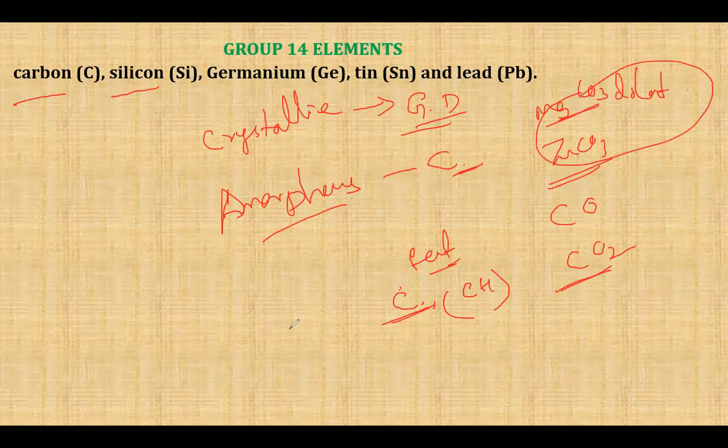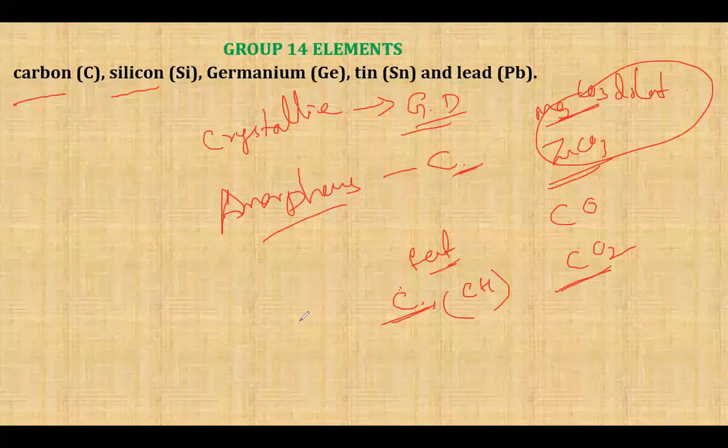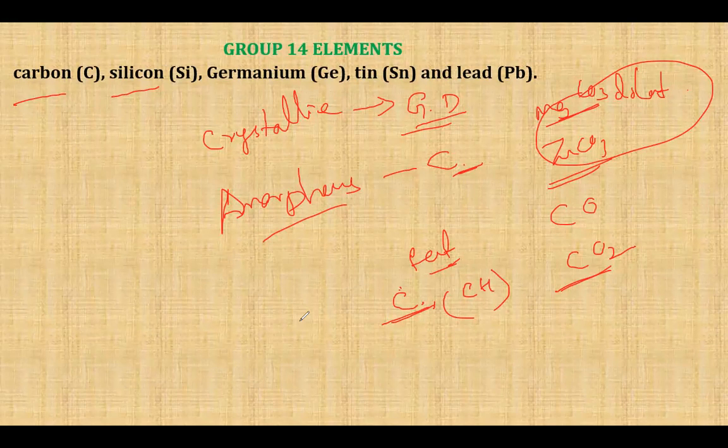Like carbon, the availability of silicon is also high. Silicon is the second most abundant element, and it is never found in the free state.